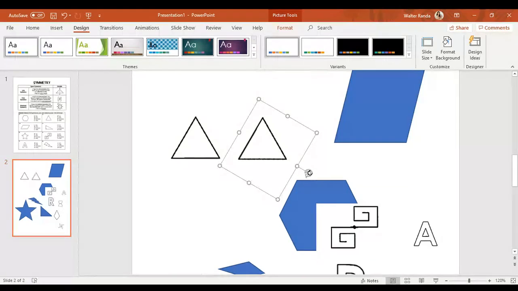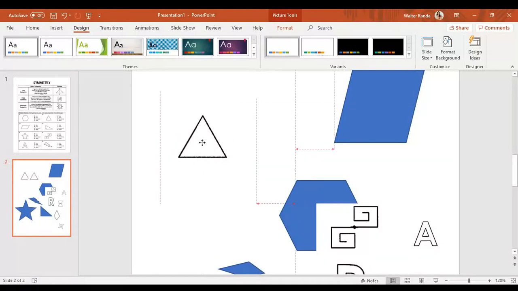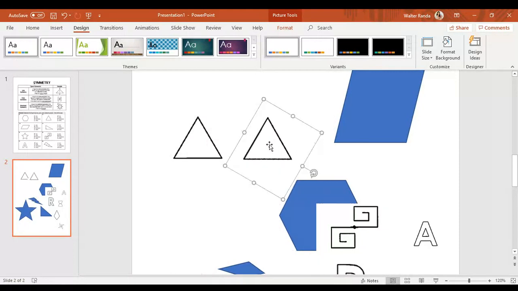I haven't rotated it a full 360, and I have a figure that's the same. So this has rotational symmetry. I was able to rotate it less than 360 and make it the same figure. So it would map onto itself. Map onto itself means it's identical. It matches right up. And it was less than 360. So that's why it has rotational symmetry, but it does not have point symmetry.